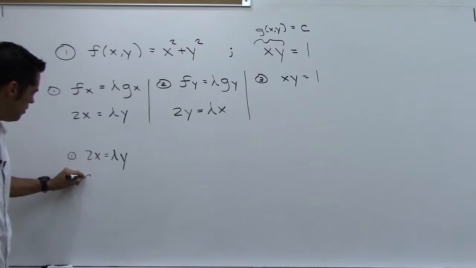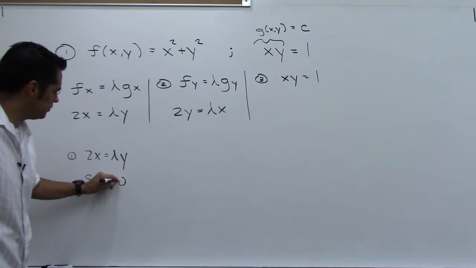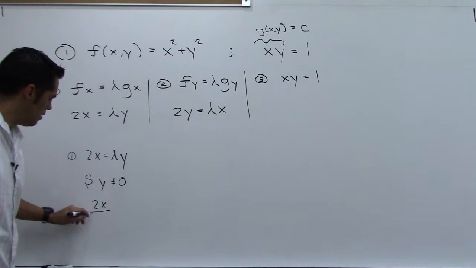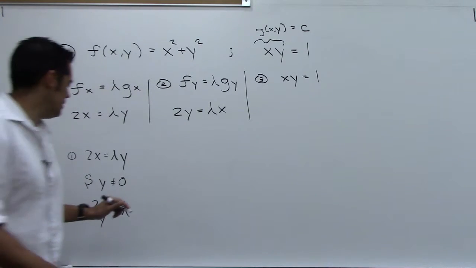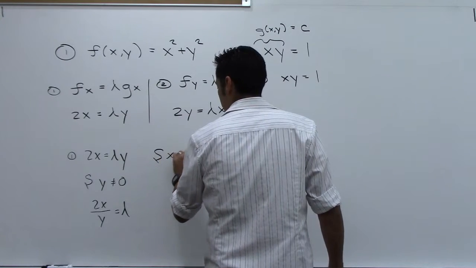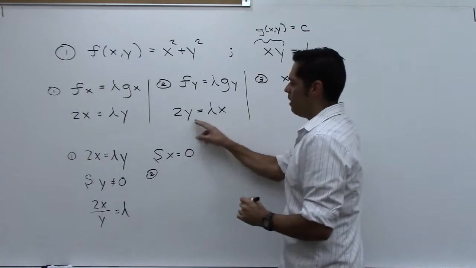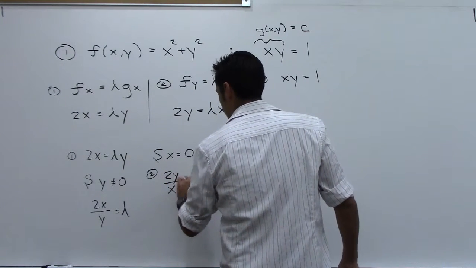Now, if I suppose here that y is not 0, then I can divide both sides by y and get 2x over y equals lambda. Similarly, if I suppose that x is not 0, then I can take equation 2 and divide both sides by x, and I get 2y over x equals lambda.